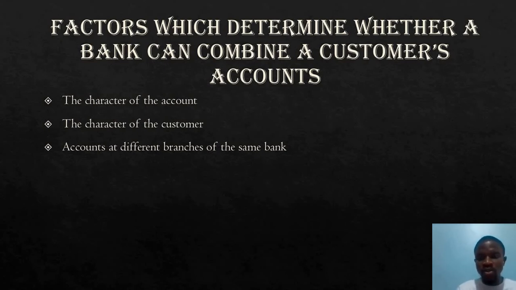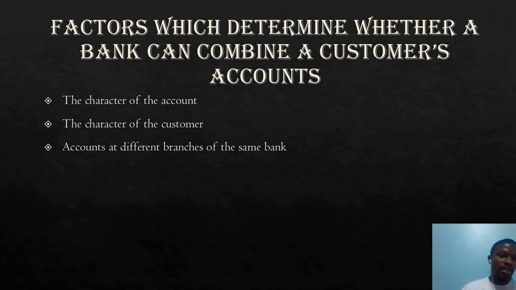The second thing is the character of the customer. In what circumstance is this customer opening this account? Take, for example, this customer may be a private individual in this first account, and in this second account, his character has changed. He's now the director general of an agency.